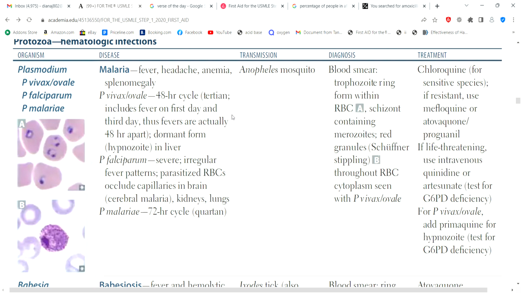Okay. Now, in life-threatening conditions and malaria, give IV artesunate. So that's artemisinin. That's given for only severe malaria. So give IV artesunate and quinidine for severe malarial infection.